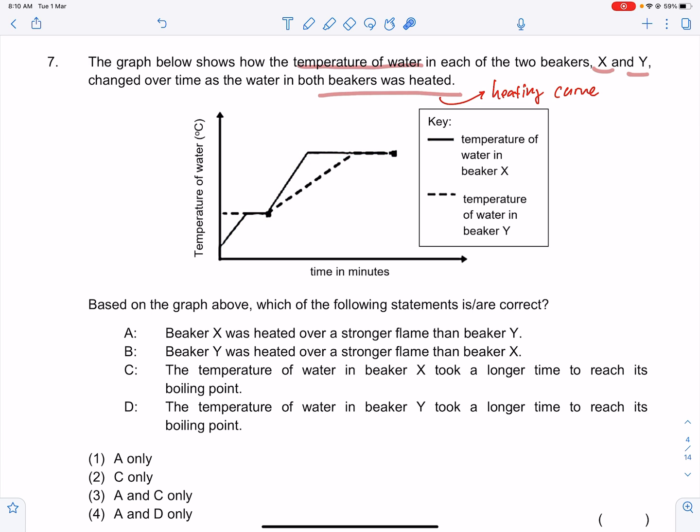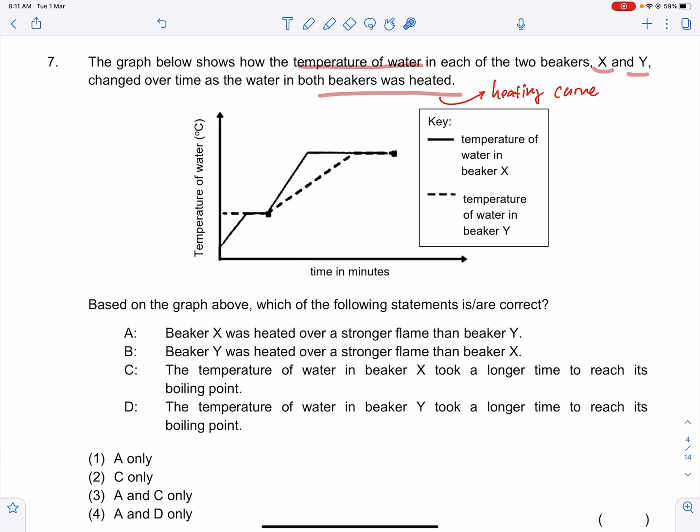So as we can see over here, X seems to have gotten to a higher temperature at a faster period of time. So yes, I would agree that it was heated over a stronger flame because it managed to heat to a higher temperature within this amount of time, right?